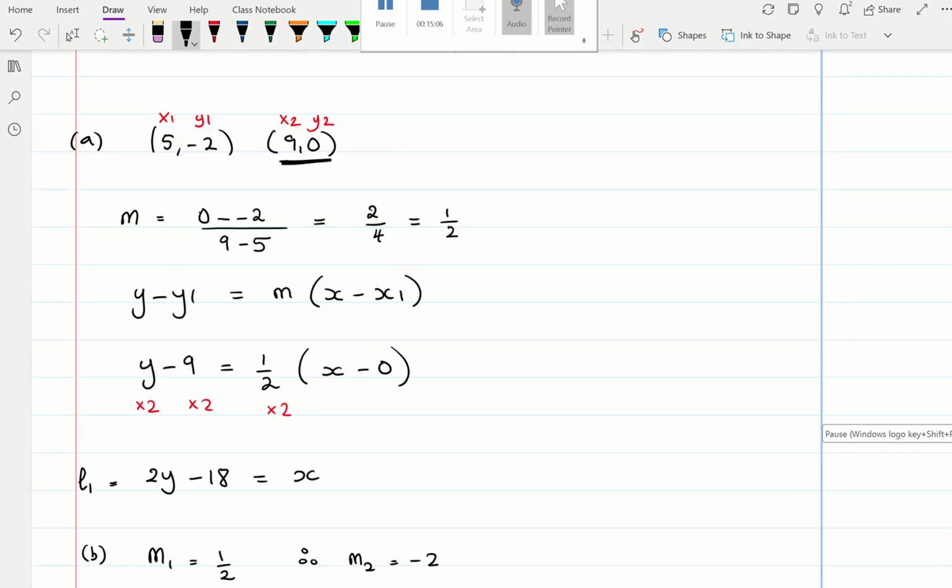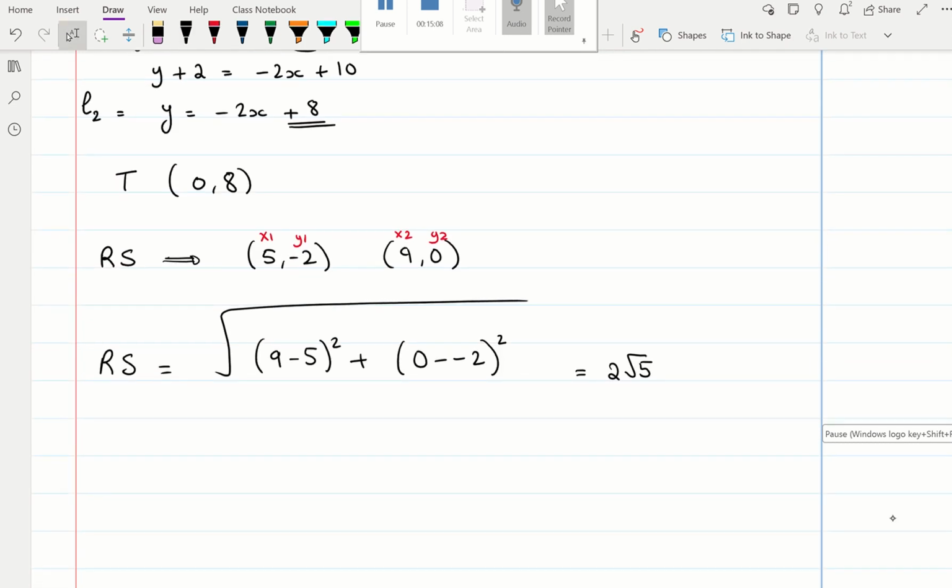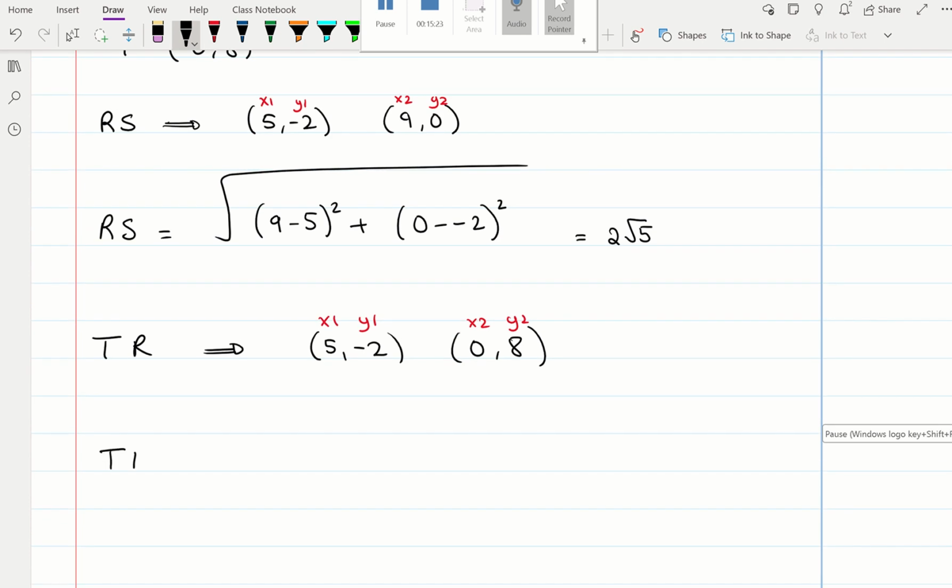And then I want to find TR. Okay, so TR. R is again 5, negative 2, and we said T was 0, 8. X1, Y1, X2, Y2. TR.